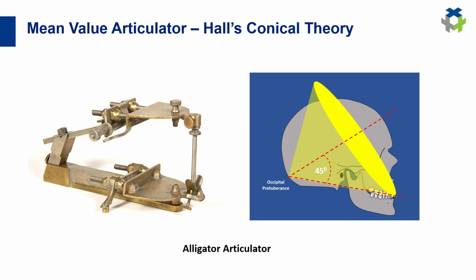Whereas the mean value articulators can open and close, and they also permit some lateral movements, but these lateral movements are also averaged and cannot be adjusted. These lateral movements depend on one of these theories, that is Bonwill's theory, the spherical theory, or the conical theory of occlusion.